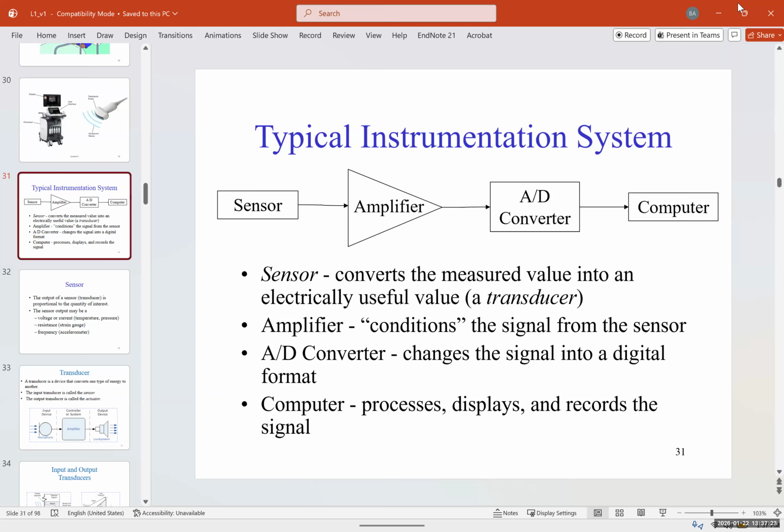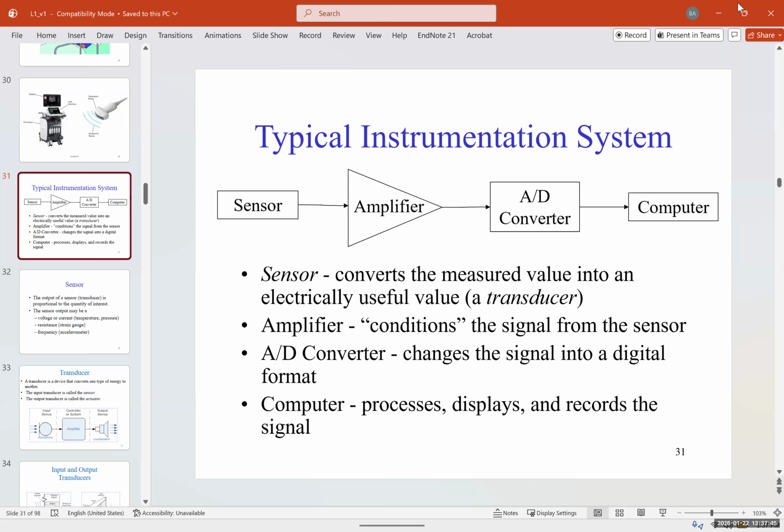Now, this is a typical instrumentation system. We have the sensor, amplifier, analog to digital converters, or A to D converters, and we have the computer itself. So a sensor converts the measured value into an electrically useful value. It's basically a transducer.